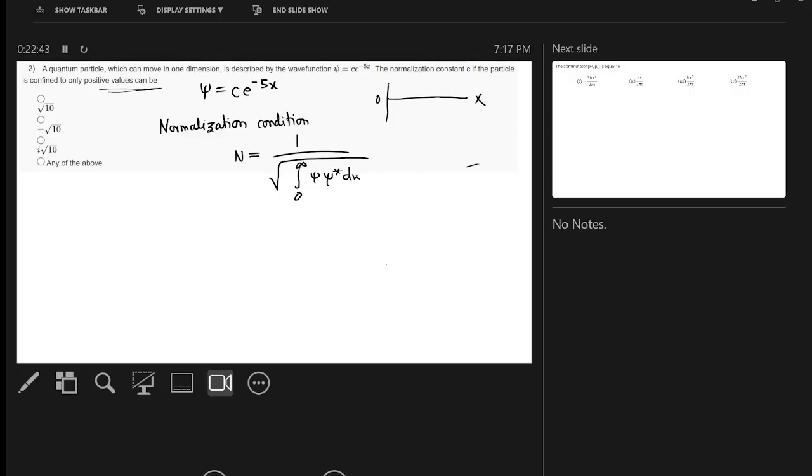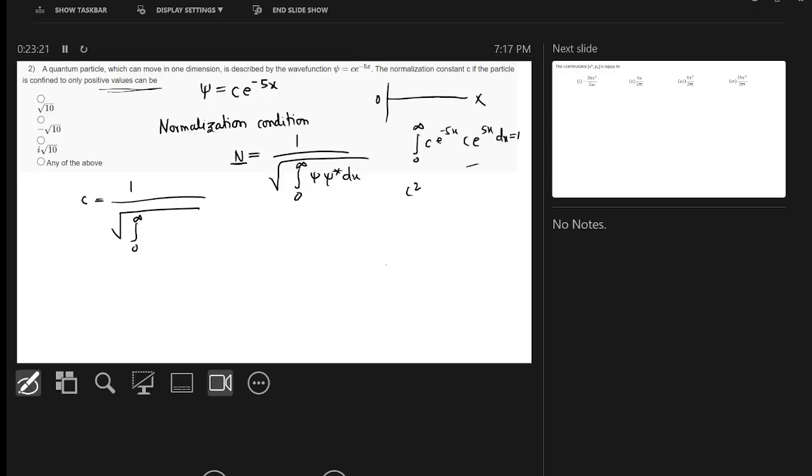Let's try to solve it. So here N is nothing but your c, equal to 1 by under root of the integral from 0 to infinity of c e to the power minus 5x times c e to the power 5x dx, equal to 1.